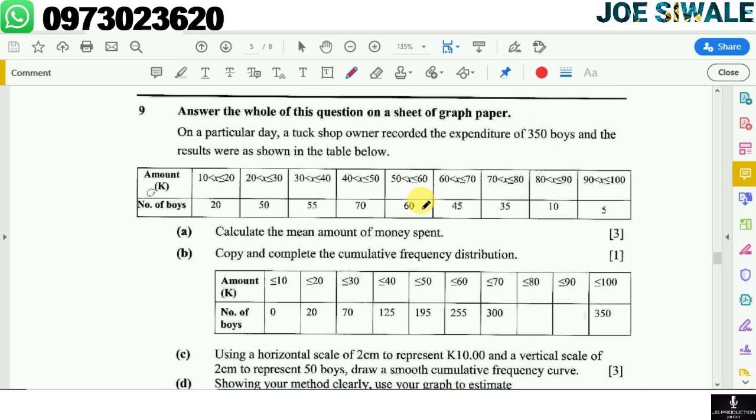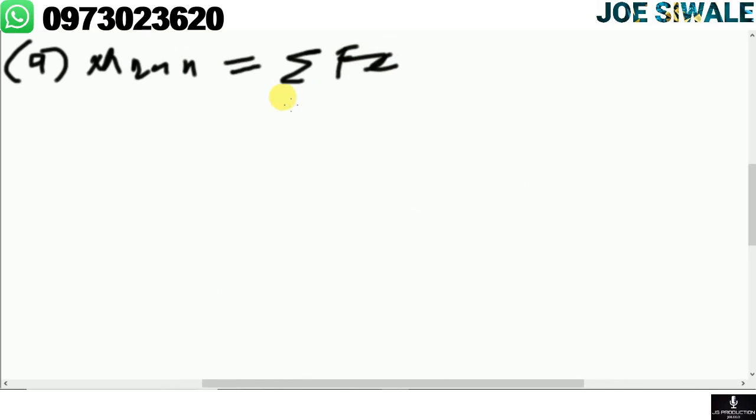Question A reads, calculate the mean amount of the money spent. So we know that the formula of calculating mean is written in this form. We find mean by saying the summation of f of x divided by the summation of f.